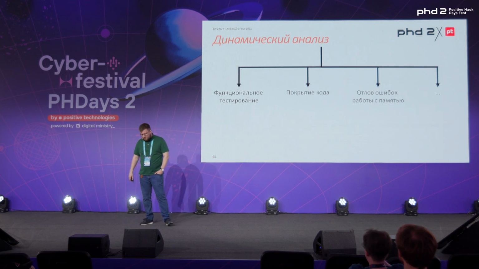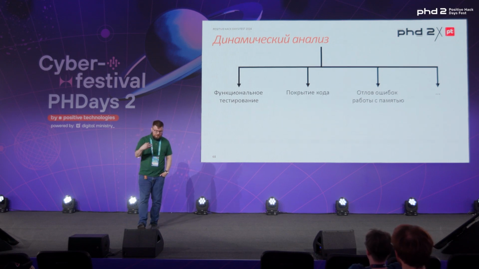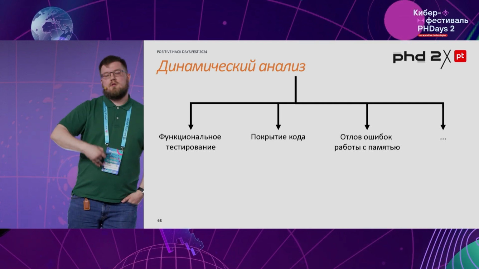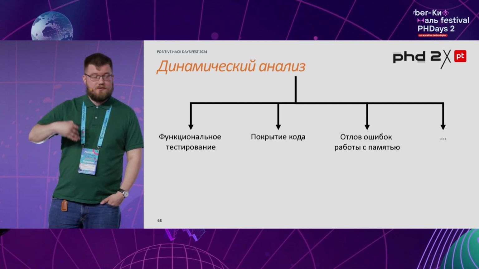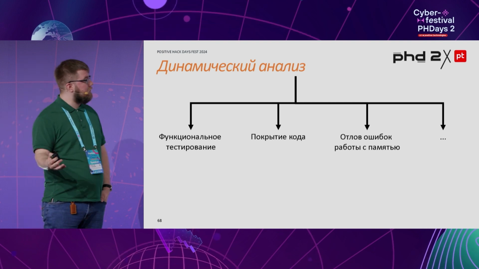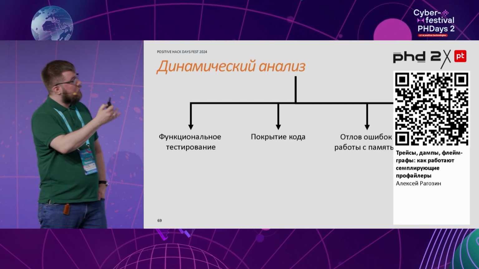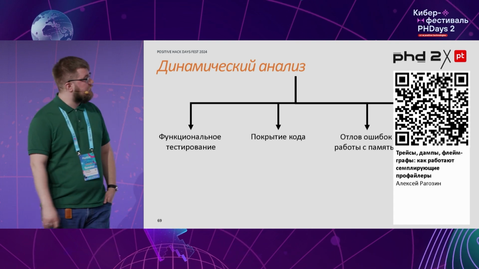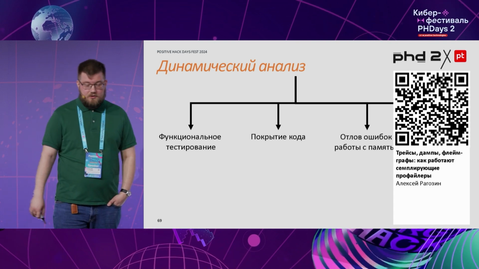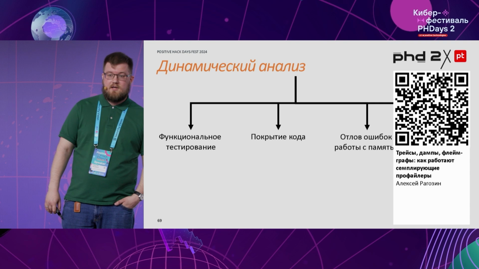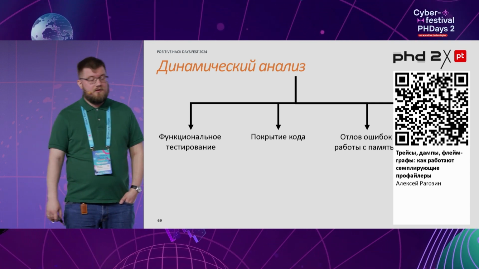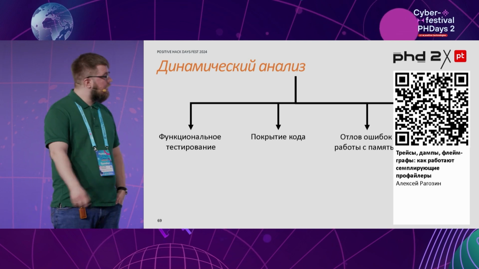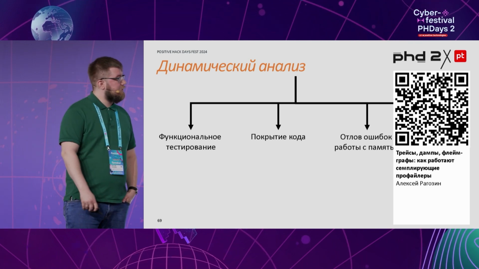In dynamic analysis, different techniques are used in order to investigate the code from the inside. So what happens there, which functions are called, how much time it takes. There will be a presentation on profilers a little bit later. Alexei is going to talk about sampling profilers, flame graphs, and how code can be assessed.